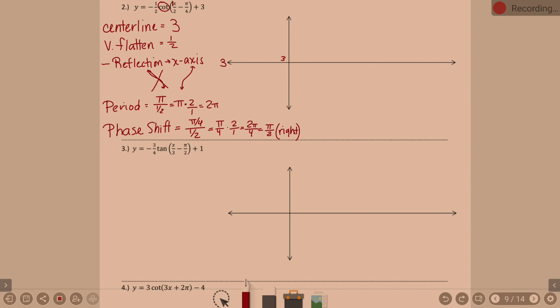So we need to label 2 pi. However, this is tangent cotangent day. How many cycles of tangent or cotangent do I want you to draw? 2. So if one cycle is 2 pi, and I want you to draw 2 cycles, we need to go out to 4 pi. Yep.